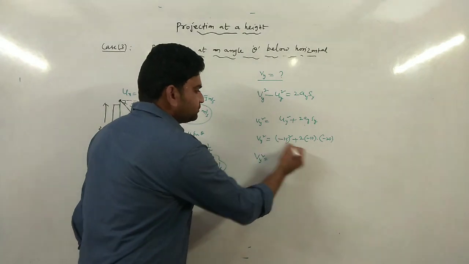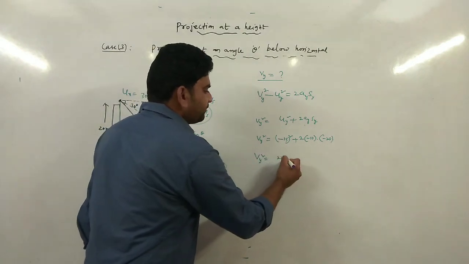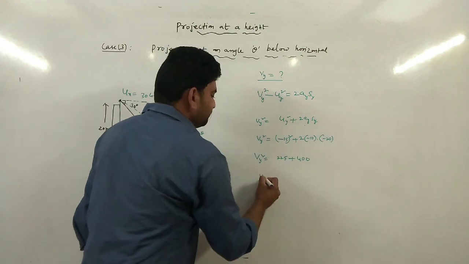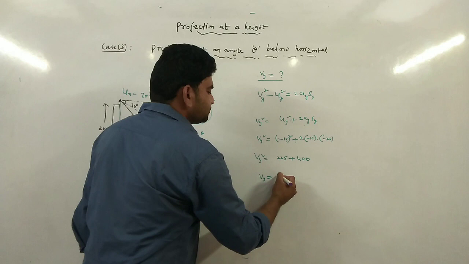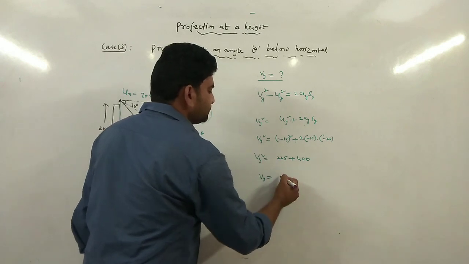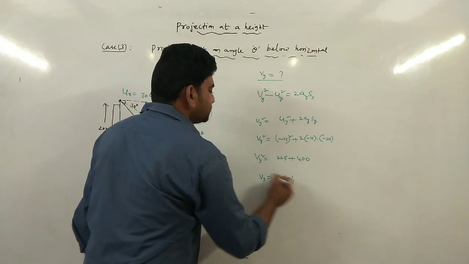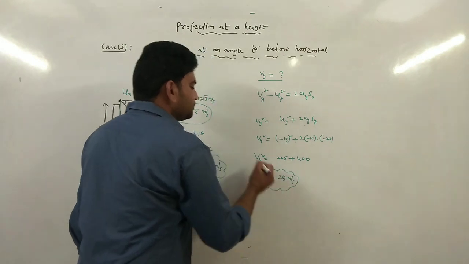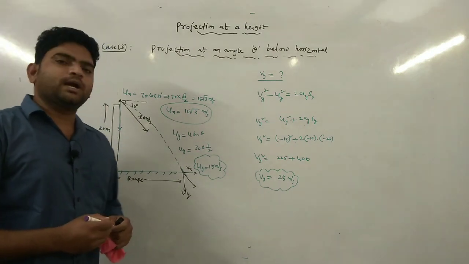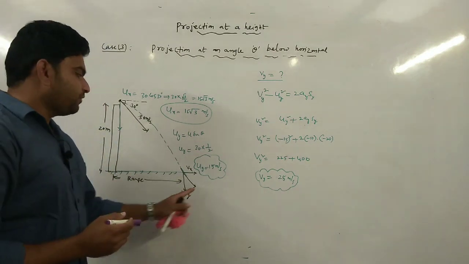Vy square equals 225 plus 400, and my Vy value becomes 625, this is 25 meter per second. So this is my Vy value.